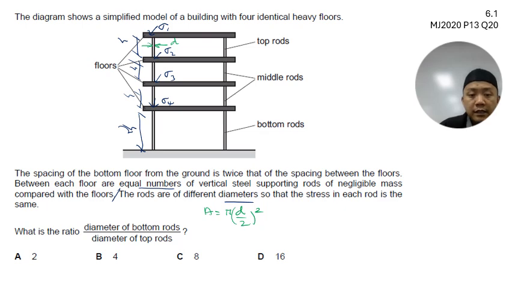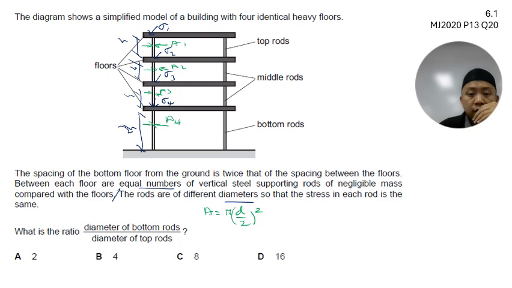Instead of the diameter, because we want to omit the effect of the square, just assume it to be an area A1. Here is A2, A3, and eventually for the fourth one, A4.